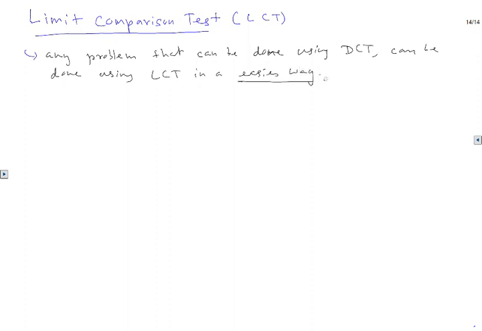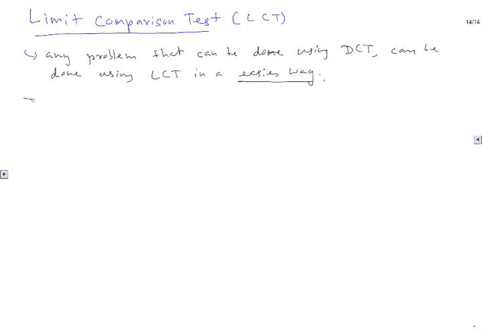Most of the time, not always, most of the time. So that's something to remember. If you have a problem that you can do using the direct comparison test, you can definitely do it using the limit comparison test.